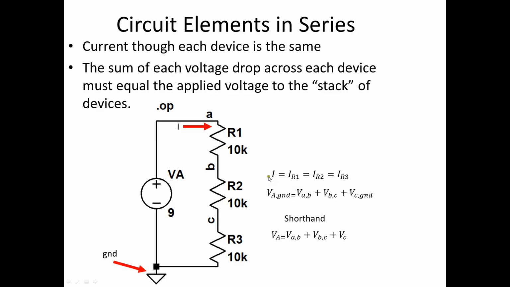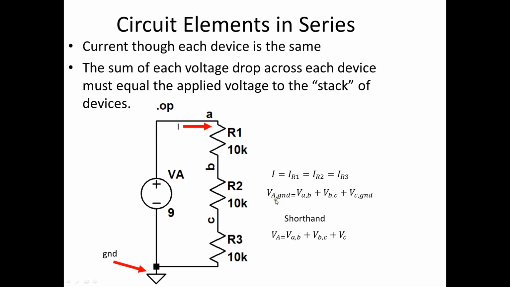So mathematically, I equals I R1, the current through R1, equals I R2, the current through R2, and I R3, the current through resistance 3. And these voltages, VC and VBC plus VAB, have to sum to the applied voltage.